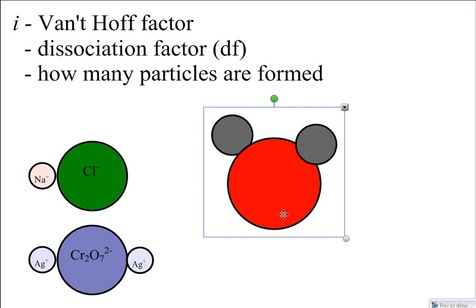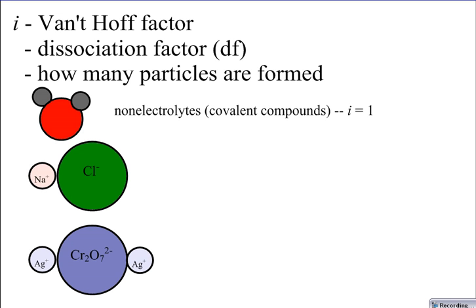There's no positive or negative charge. So while water is polar, it does not break up into ions, and therefore the I, or the Van't Hoff factor for any non-electrolyte, is going to be 1. So any covalent compound is going to have a Van't Hoff factor of 1.